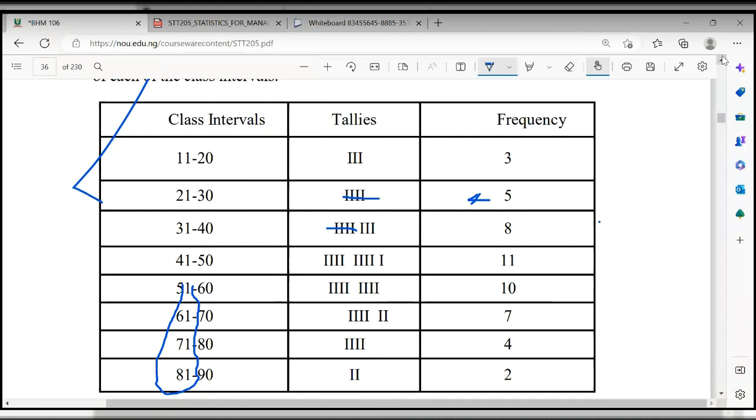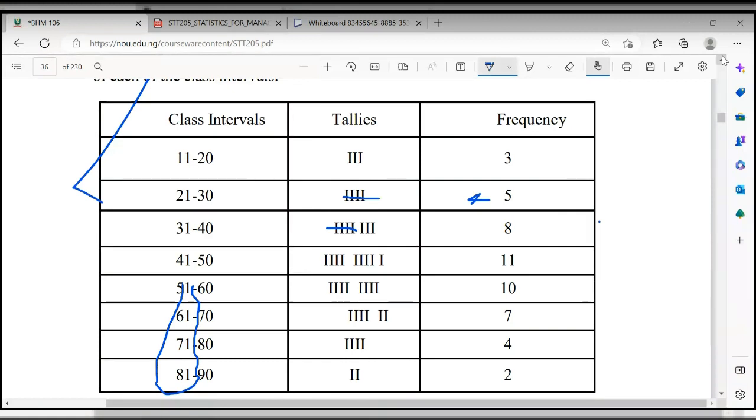Okay, so what do you do? Now, if I have to substitute 21 to 30, I'm going to use 21 to add to 20. That gives me 41 divided by 2. So the lower class boundary will be 20.5. For which one, Mark?